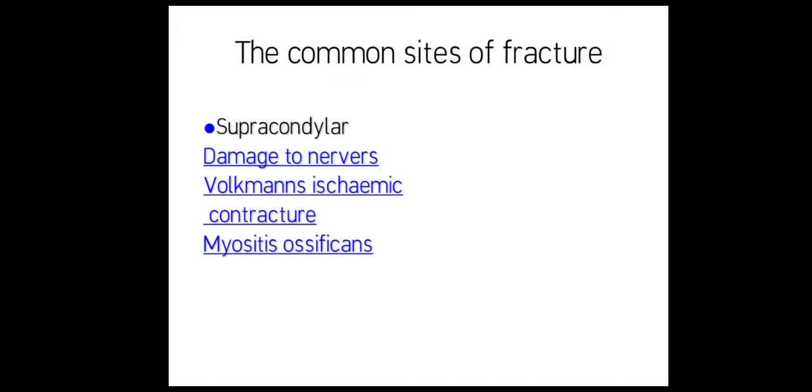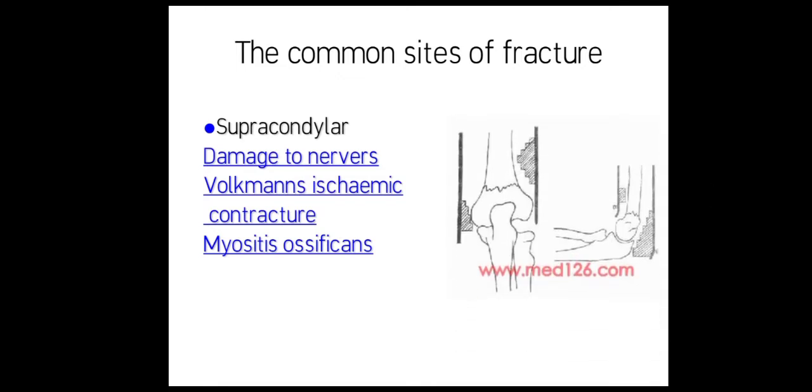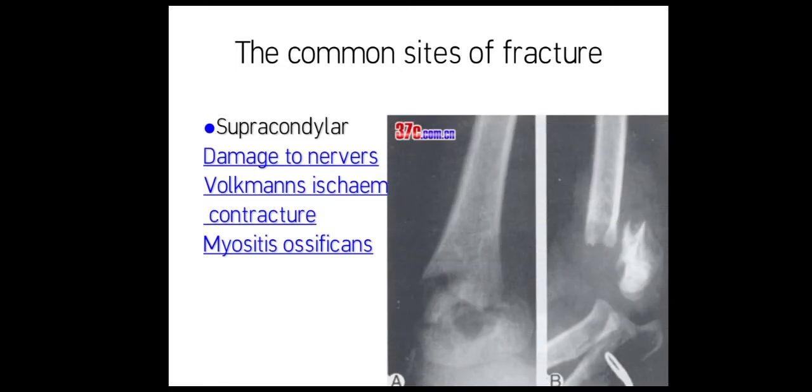And the other two things which we'll study further would be Volkmann's ischemic contracture that occurs due to damage of different nerves, and myositis ossificans. Here the damage of supracondyle is shown. Here you can see when the lower end of the humerus gets damaged, supracondylar ridge gets damaged, it would result in damage to the ulnar nerve.